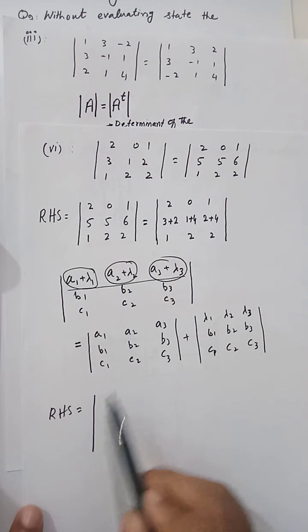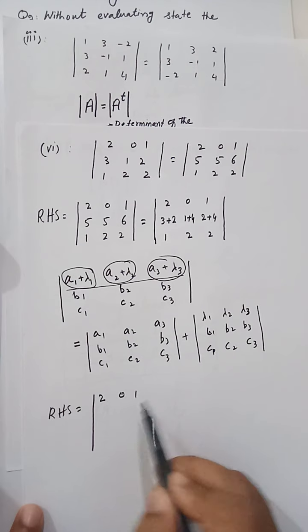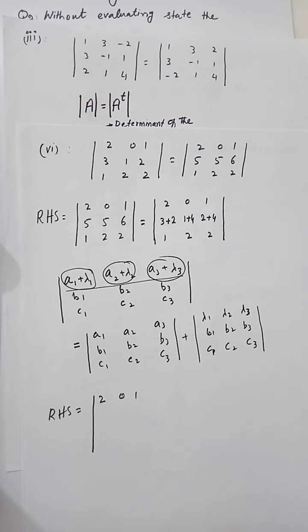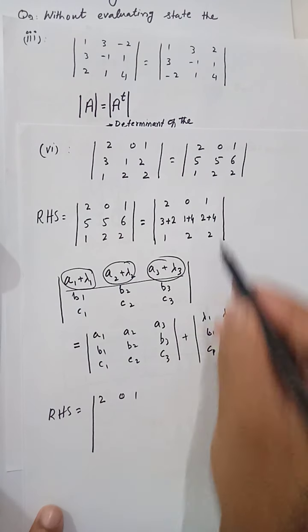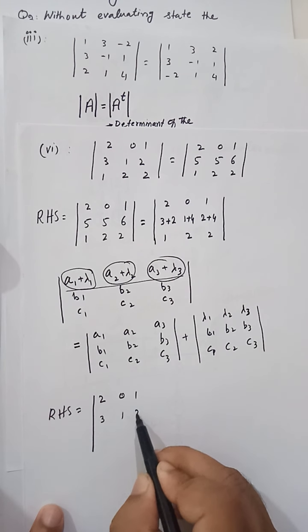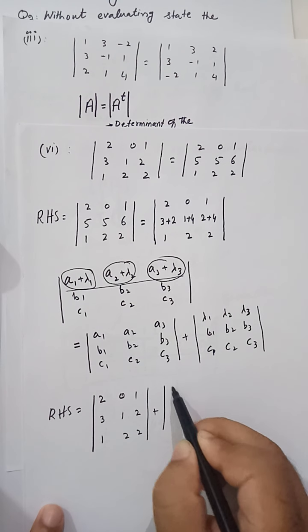So this single determinant can be expressed as the sum of two determinants because the second row elements are written as the sum of two terms. So according to that property, this determinant can be written as the sum of two determinants, and those determinants must be in this form.